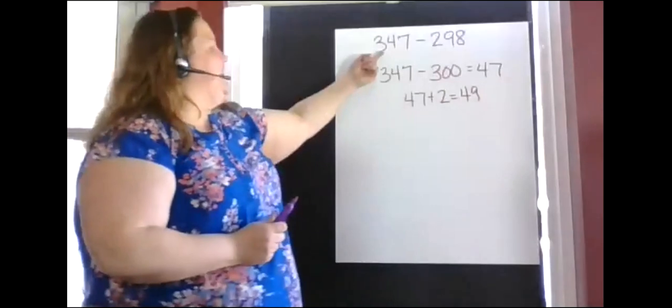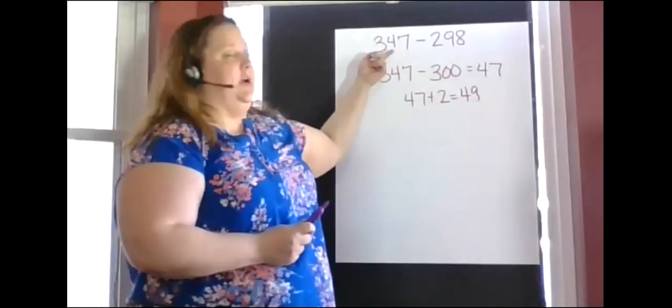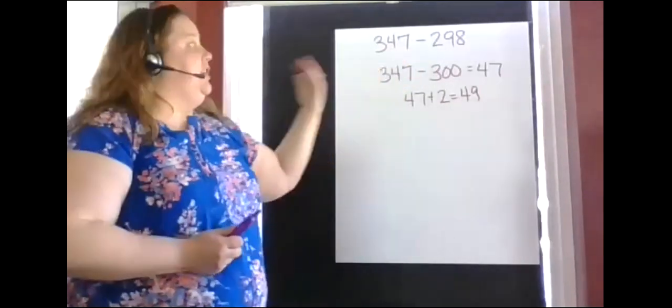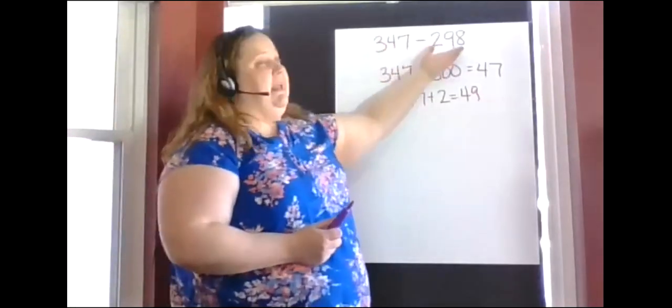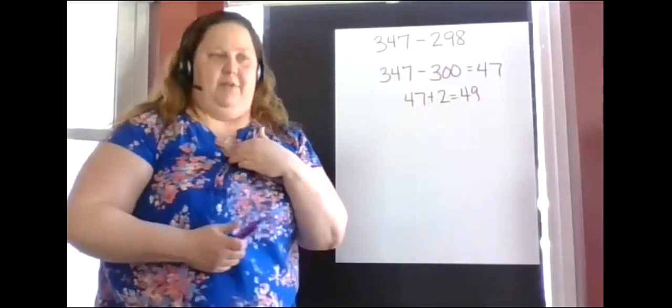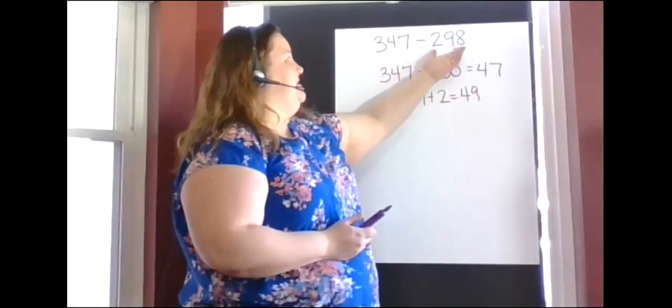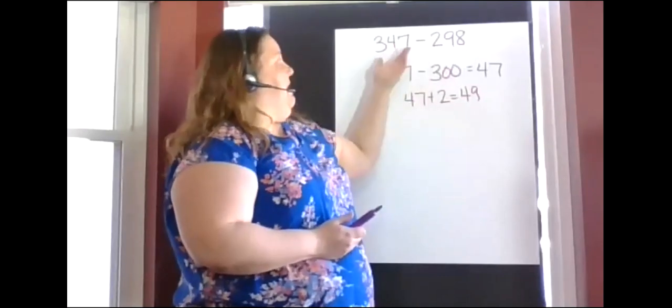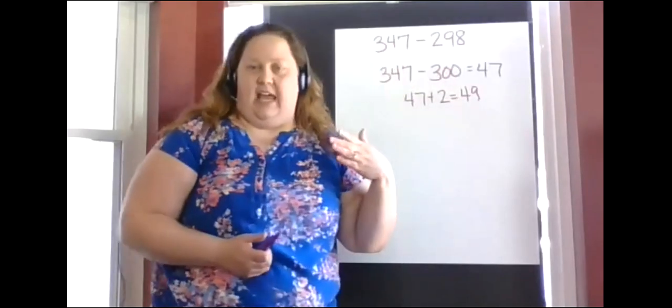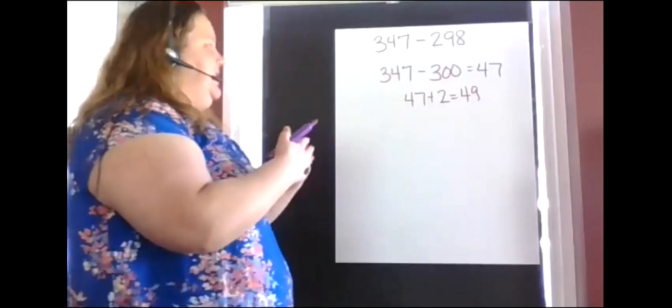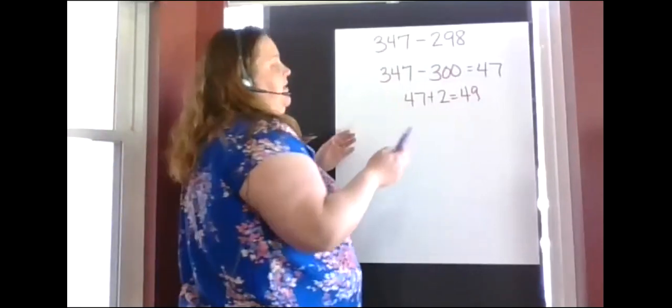So my distance here, my difference is 49. If I look at these numbers, in my mind, I make sense of numbers in that way. I say, well, it's kind of close to 300, I can do that easier in my head. So they're building that relationship of the numbers and understanding how to think about those.